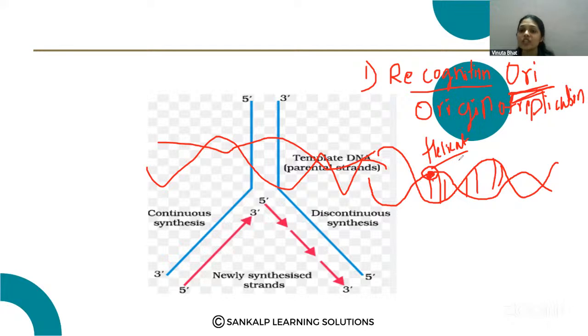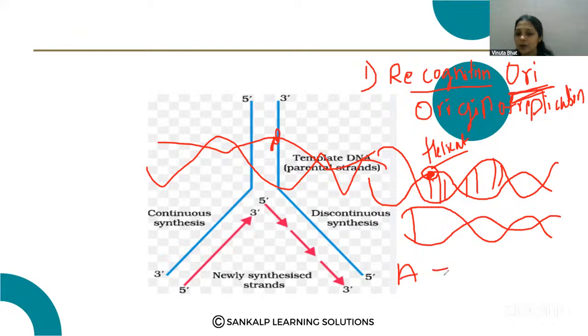Why does it bind here and not elsewhere? Because between the two DNA strands there are hydrogen bonds: adenine and thymine are held together by two hydrogen bonds, and cytosine and guanine are held together by three hydrogen bonds. So between adenine and thymine there are 2 hydrogen bonds, and between cytosine and guanine there are 3 hydrogen bonds.